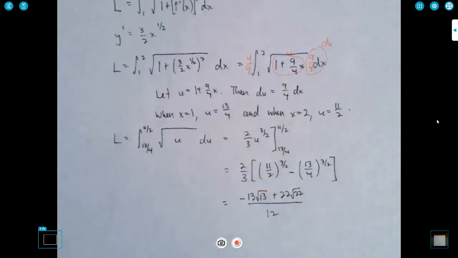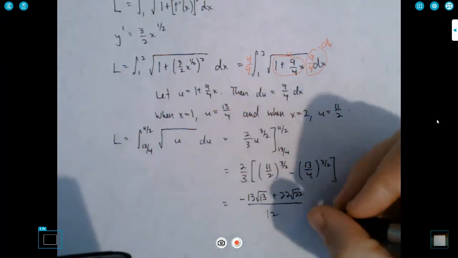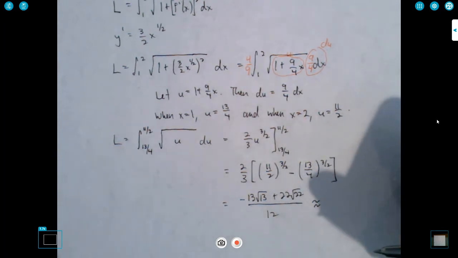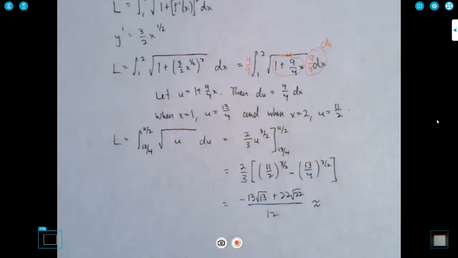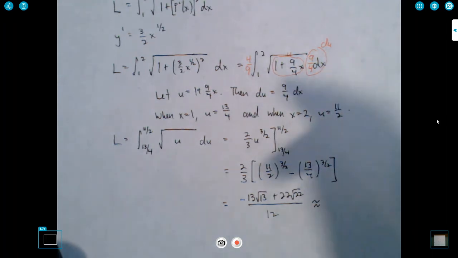But what's the approximate value? So this is approximately, hold on. Okay, sorry, I'm checking my answers as I go in the book, and I've come up with the wrong answer, but I know why.